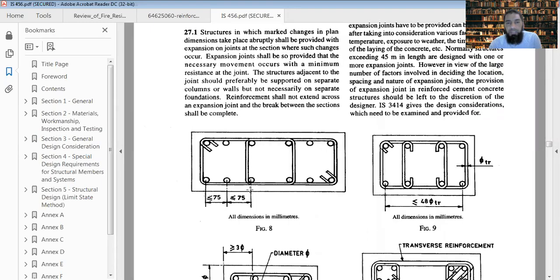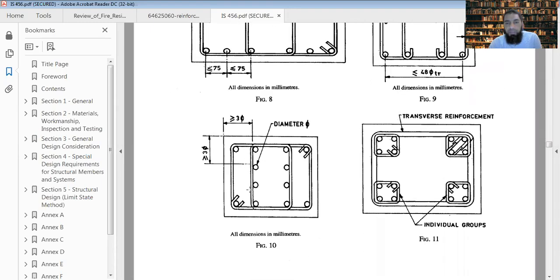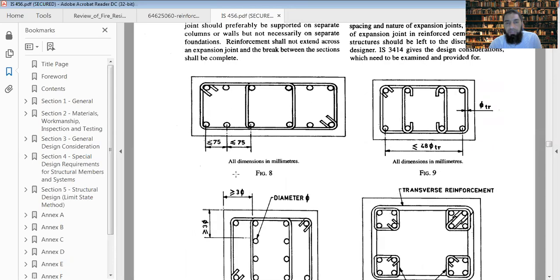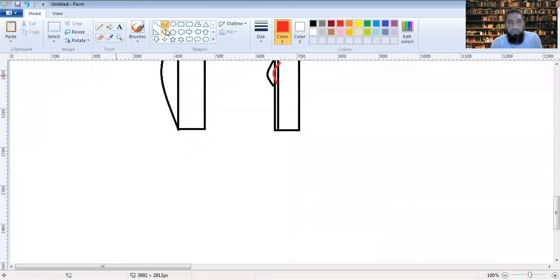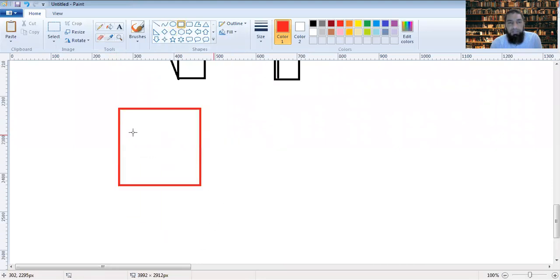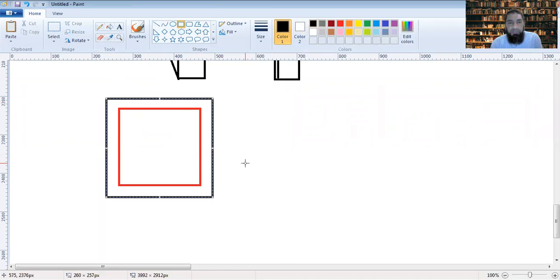So first, let me go to this. This is how the transverse reinforcements could be provided. These are in advanced cases. But for simple cases, how do we provide the transverse reinforcement? For example, you have a column like this. This is a column I have just drawn.